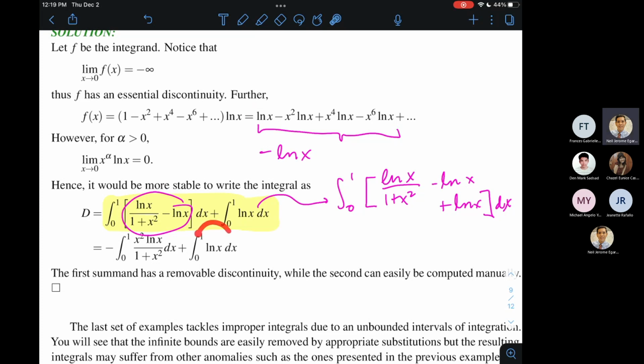And then, etong ln x dx, pwede mo siyang ipa-compute numerically, pero kailangan mo mag-adjust ng kaunti kasi ito ay hindi rin smooth kapag x is near 0.